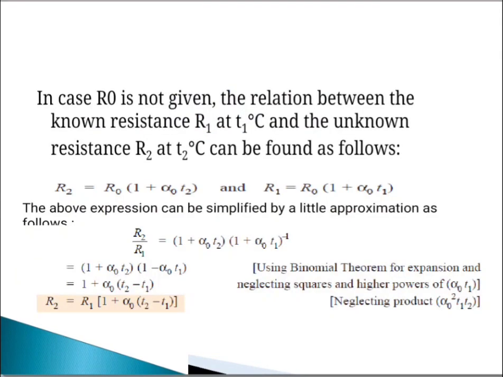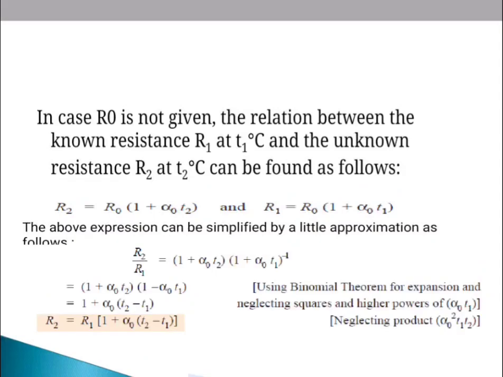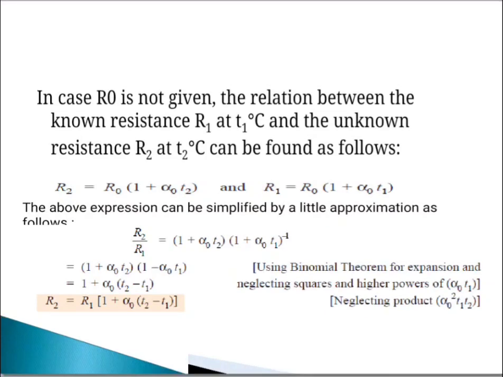The next case is when R0 is not given, and the relation between unknown resistance R1 at T1 degree Celsius and unknown resistance R2 at T2 degree Celsius can be found by the following method. R2 is equal to R0 bracket of 1 plus alpha 0 into T2, and for T1 degree temperature, R1 is equal to R0 bracket of 1 plus alpha 0 into T1.